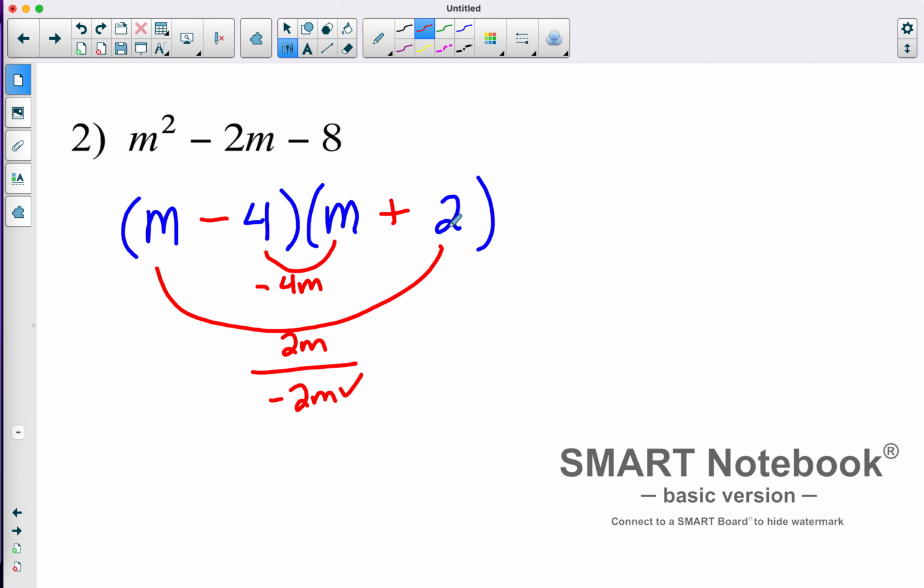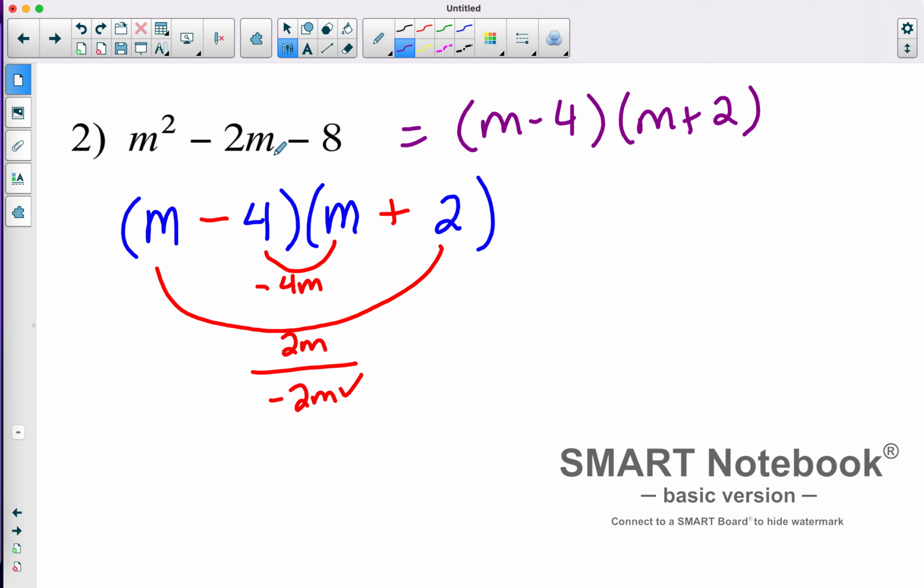We know that the 2m and negative 4m give me the negative 2m we want. And negative 4 times positive 2 is a negative 8. So the biggest thing is to double check your signs, but this did factor into m minus 4 times m plus 2.